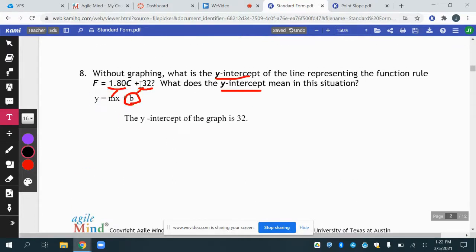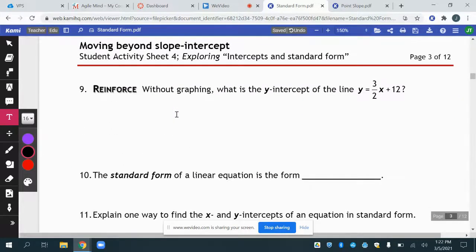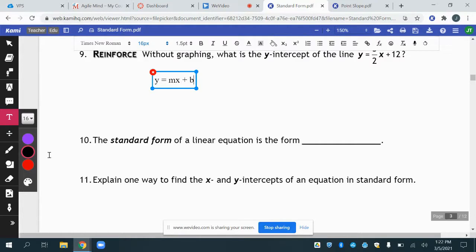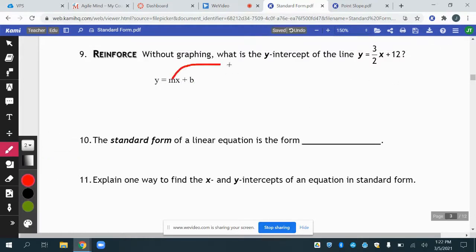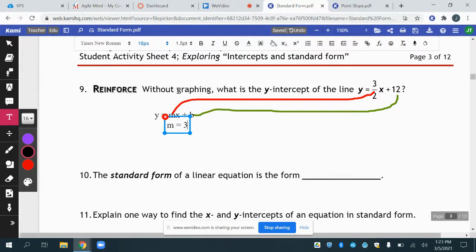You have to understand this format and read it correctly. That's why we're learning these. It's all about having shortcuts. Okay, without graphing, what's the y-intercept of this guy? Let me give you a second to think about it. Hopefully you know by now. Y equals mx plus b. All I did was m equals 3 halves, b equals 12.